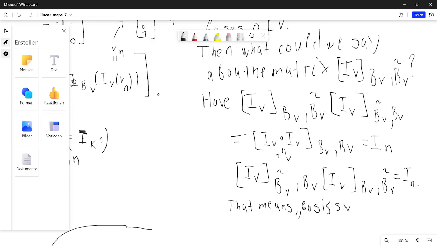Basis switching matrices are invertible. They are trivially invertible. That's nice, right?